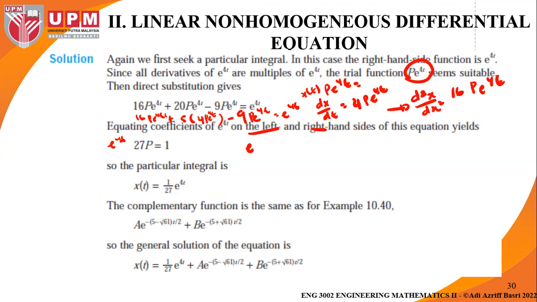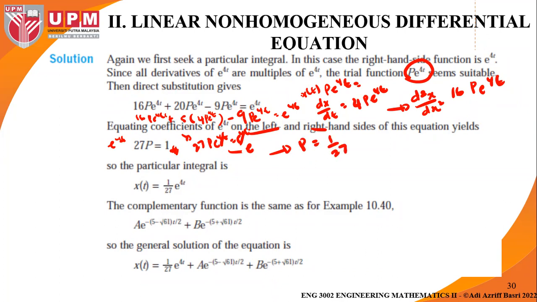Everything is in exponent 4t, so you can add 16 plus 20 to become 36, minus 9 becomes 27. So 27p exponent 4t is equal to exponent 4t. Exponent 4t can be divided out, so at the end you get p equal to 1 over 27.